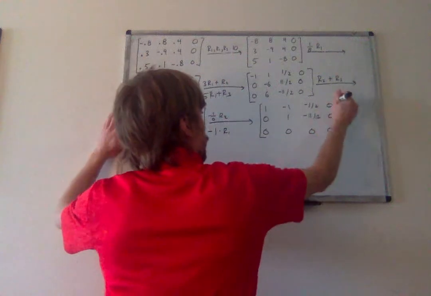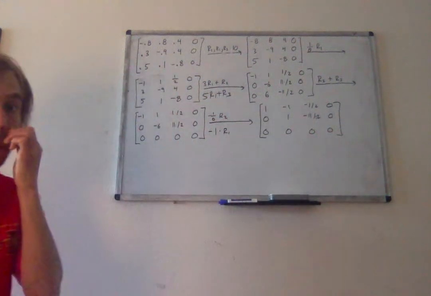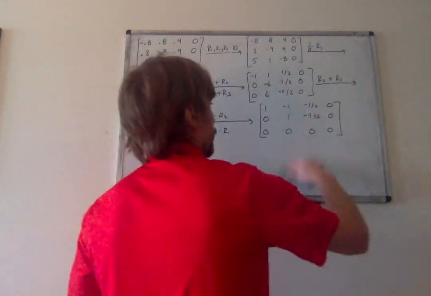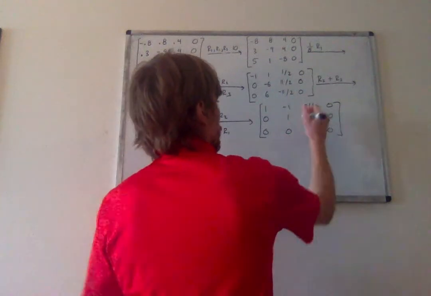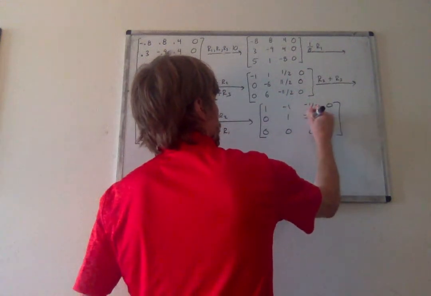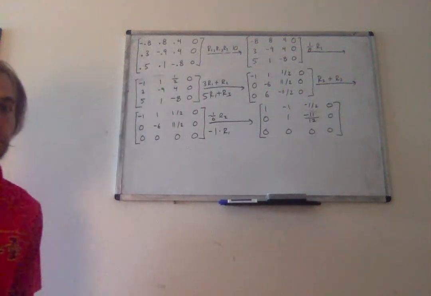And so that new row 2 becomes 0, 1, -11/12. And I'll make that a little more clear just to differentiate it from being over 2.